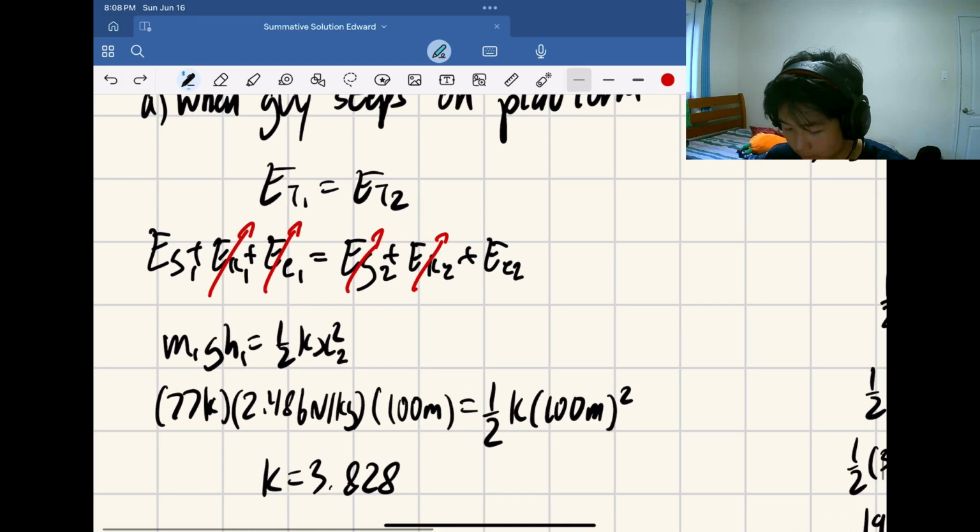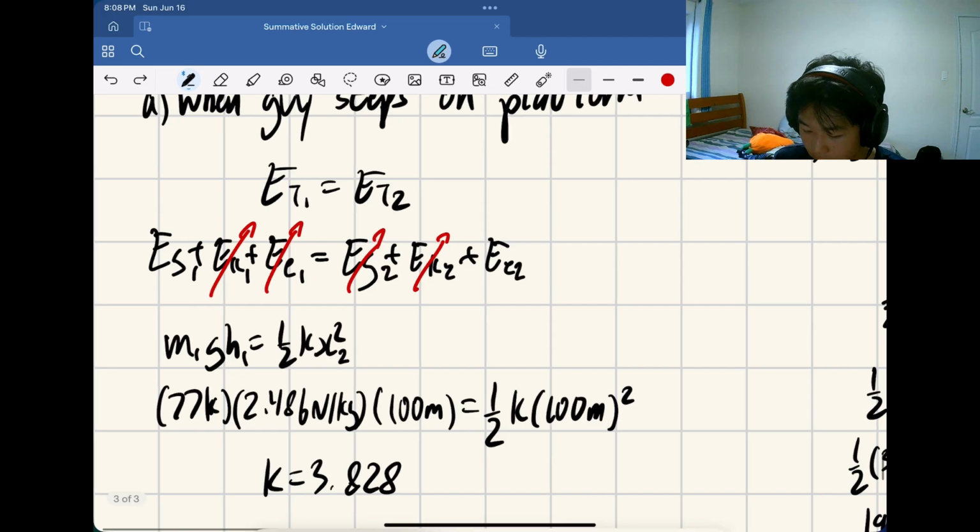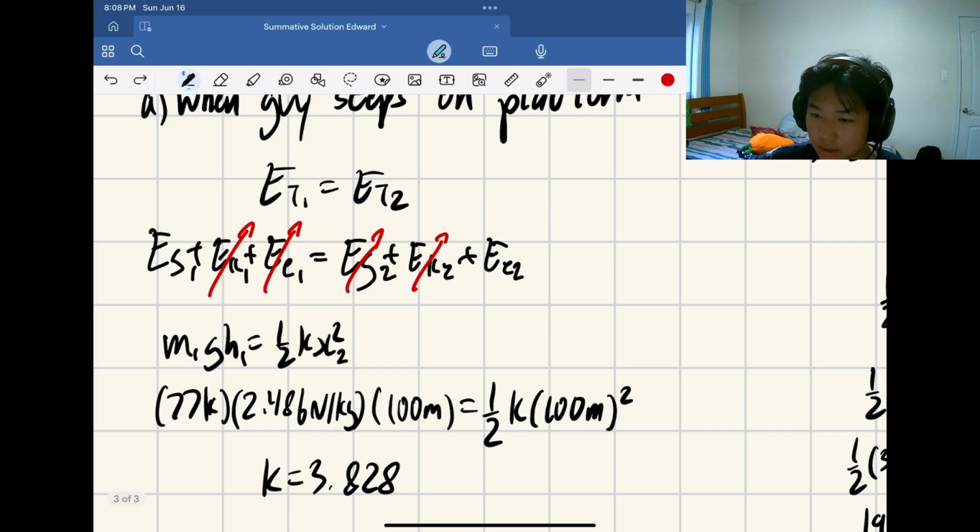And here we go. We have EG plus EK plus EE. For this part, EK is equal to 0 when the guy's on the platform because he's at rest. EE is 0 because the spring is not stretched. And when the guy is at ground level, EG is equal to 0 because he's at ground level, and EK is equal to 0 because he's at rest.